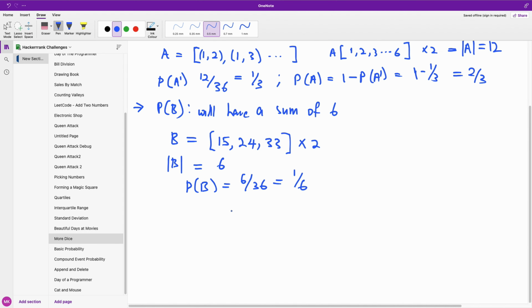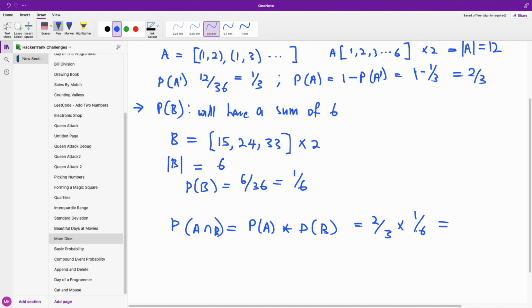Okay, so we have the probability of A and the probability of B. Then the probability of A and B will be the probability of A times the probability of B, and that's going to give us 2 over 3 times 1 over 6, and that's going to give us 1 over 9.